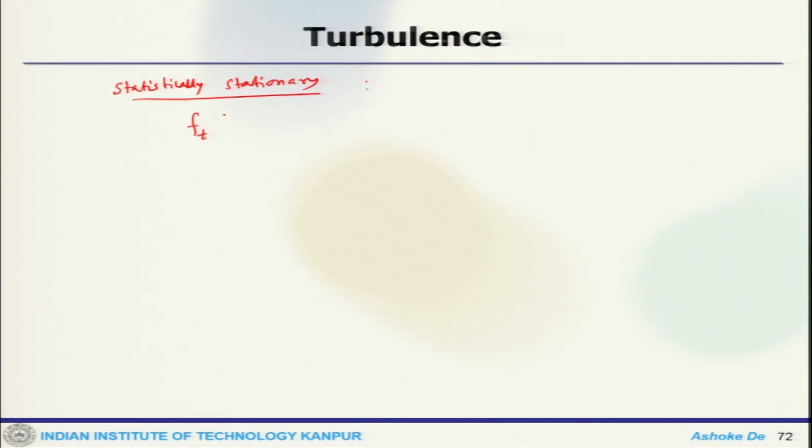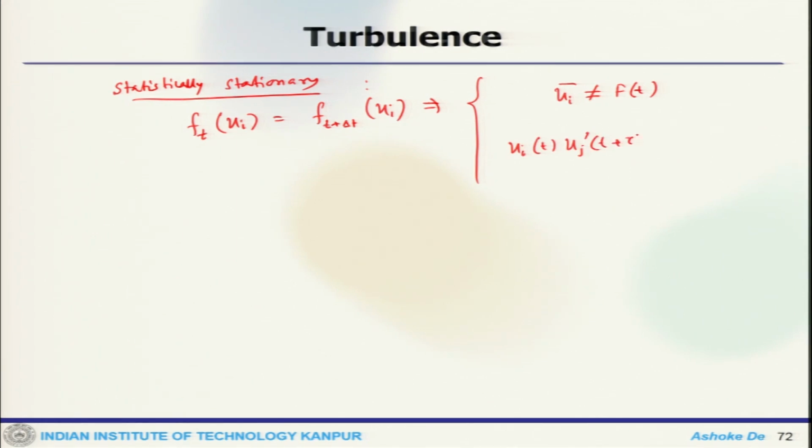So, we can write f(u_i, t plus delta t) as f(u_i), where my u_i mean is not a function of time, and similarly the correlation of u_i prime(t) and u_j prime(t plus tau) is a function of tau only. So, that is also independent of t.